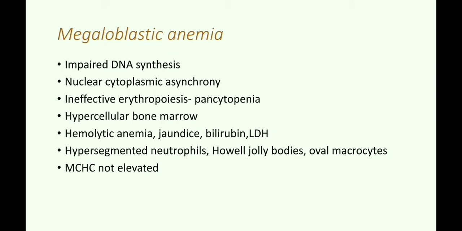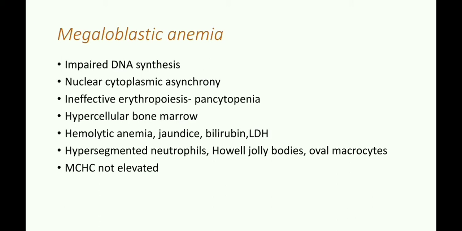These megaloblasts can undergo intramedullary destruction, and that is called ineffective erythropoiesis. Due to this ineffective erythropoiesis, there will be pancytopenia, so the number of cells in the blood will be decreasing.